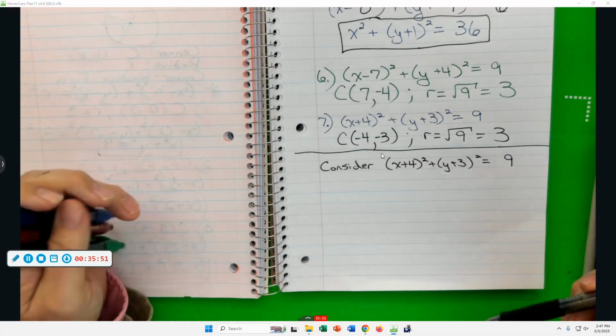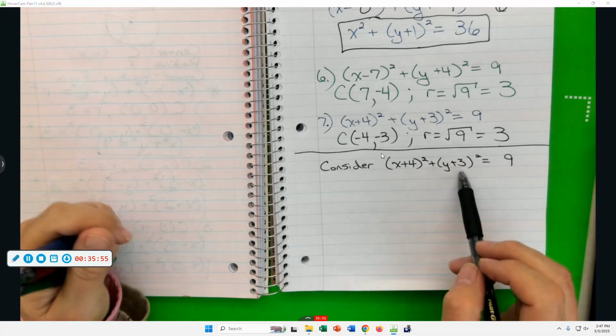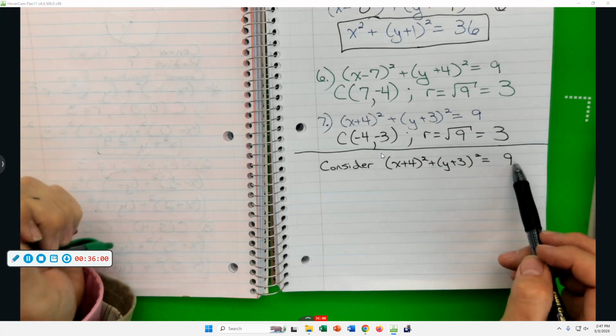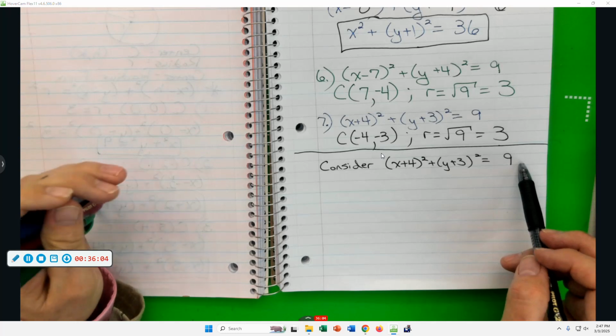Center radius form has those nice binomials being squared and the square of the radius over on the right hand side.